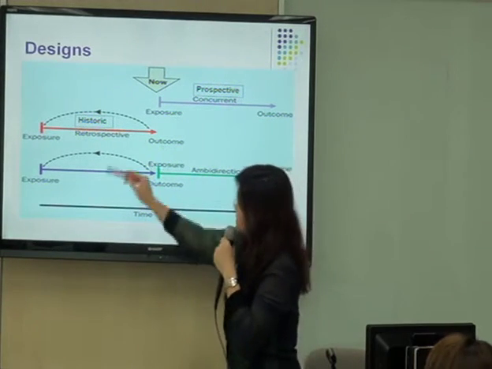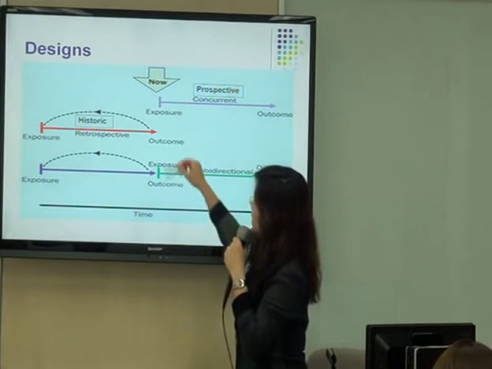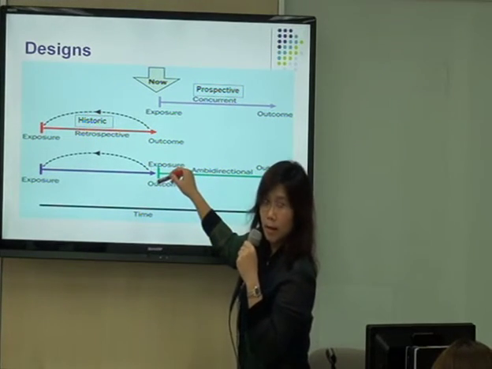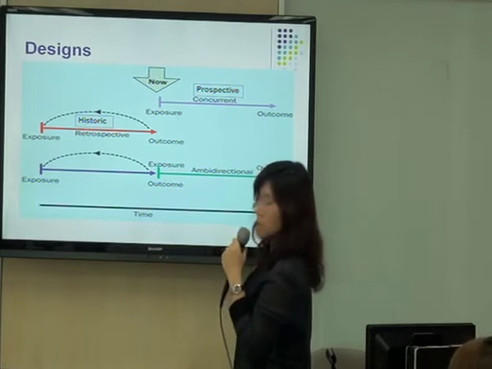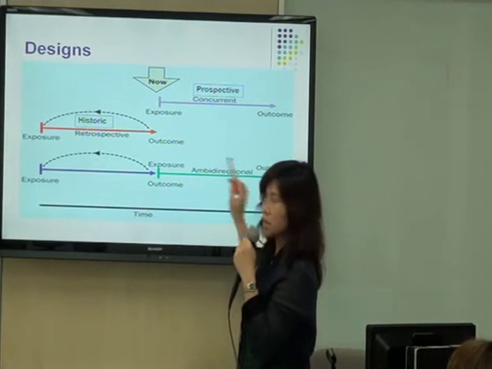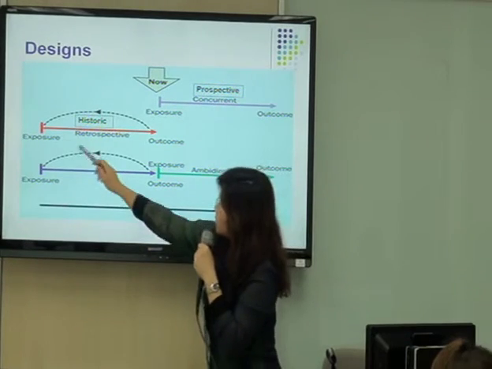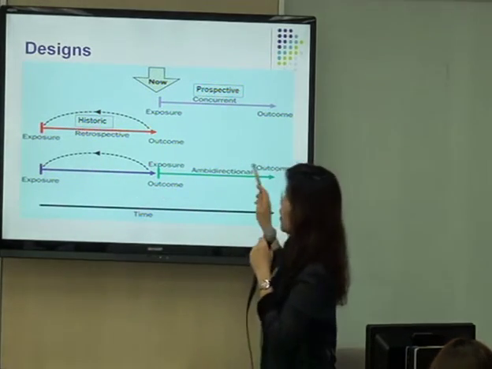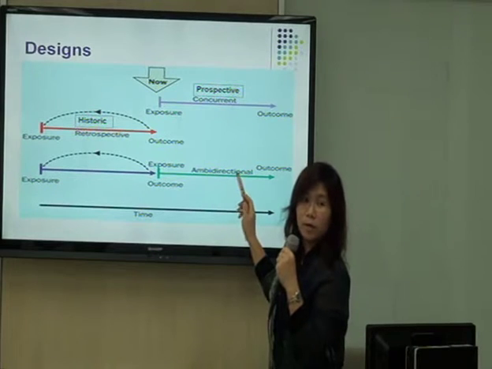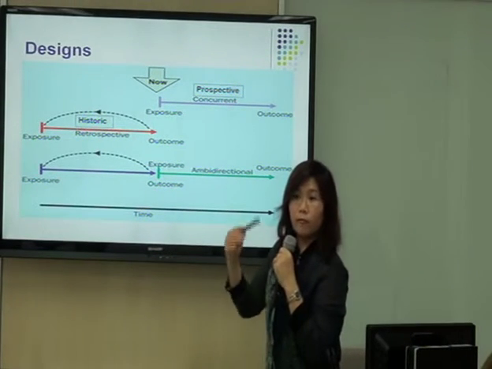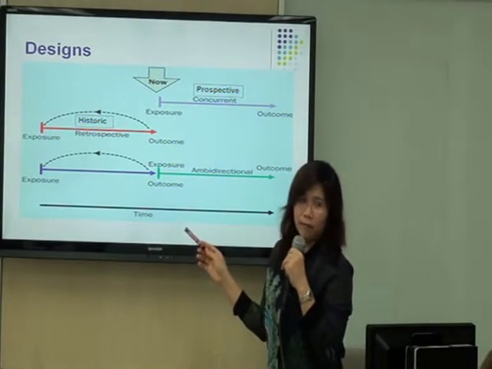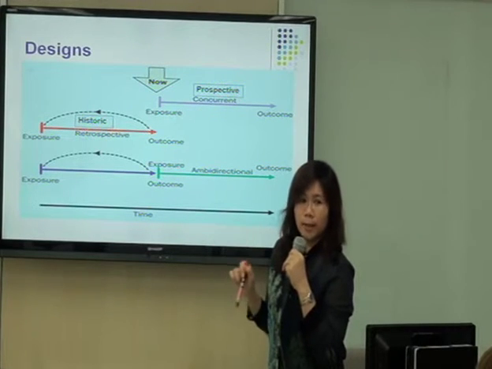But in this design, the end of study is still in the future. So some subjects might have 20-year follow-up. That's the good point, that you have long-term follow-up enough to answer this question.